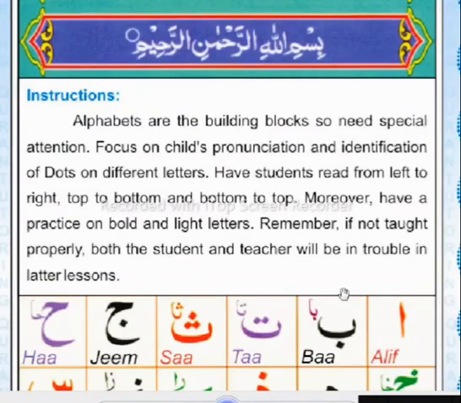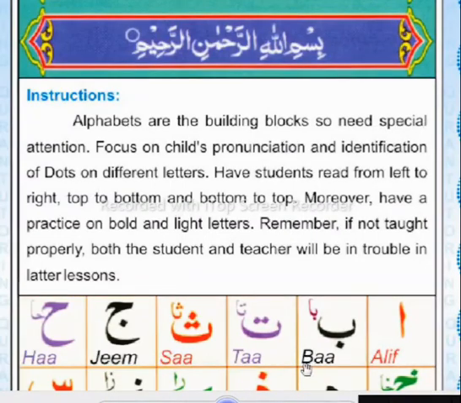Okay, the next one is a letter which is called Ba. The shape of this letter is just like a simple boat which floats on the water, and this Ba has one dot down. So a boat shape having one dot at the bottom is called Ba.